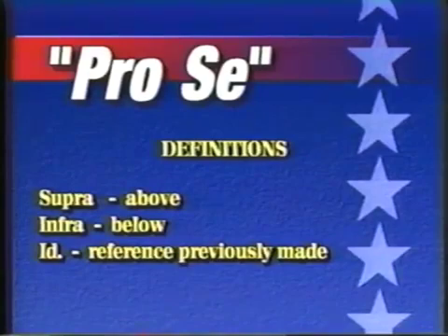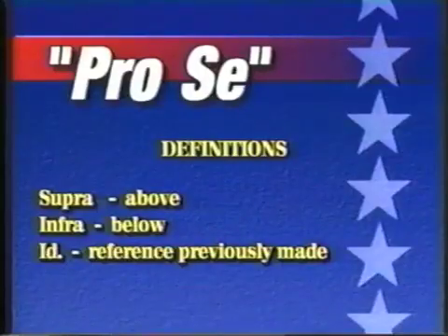And so the id sends you to the supra, which sends you back to the original cite where it gave you the volume number and the page number and so forth. Another thing that can happen is that he will be telling you that, look, I'm going to cite this case in its entirety further down in the document. And in that case, what he'll do is he'll say committee, comma, infra, at, and the page number. And what that tells you is that the full cite is coming up in the document as you continue to read.